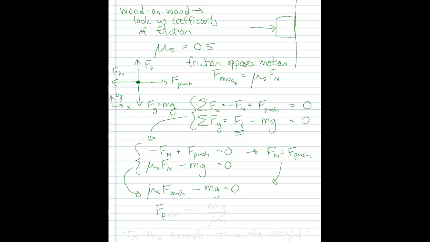And so the pushing force is equal to mg all over mu s. So for our example, you have to push at twice the weight. And you should try this if you haven't already. Okay.